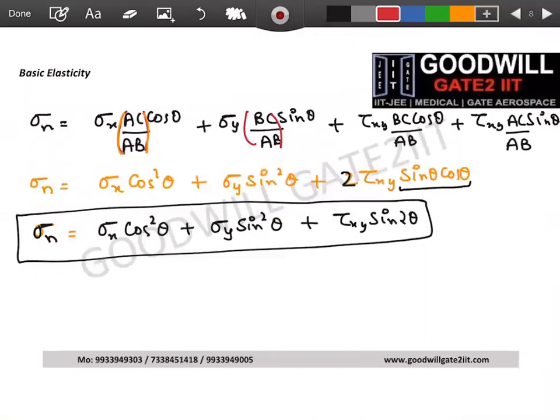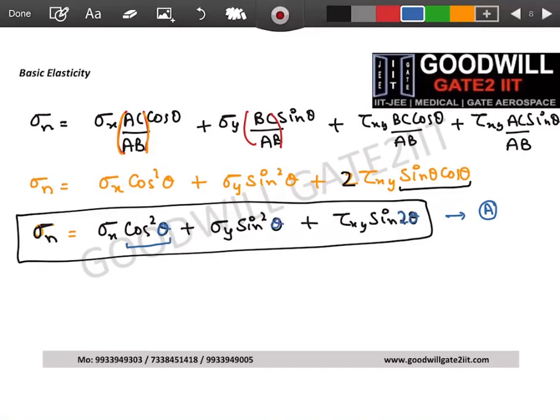So this is one equation, which you can call equation 1 or A. Now, another, better way of writing this, which will be useful further when we talk about Mohr circles, is just trigonometry. Is it fine if I write cos square theta as 1 plus cos 2 theta divided by 2? This is theta here, theta here, and 2 theta here.